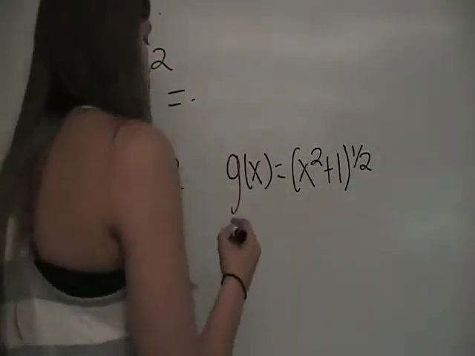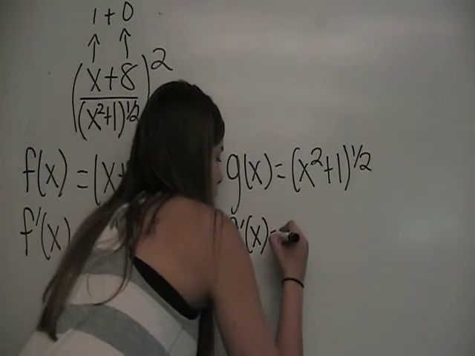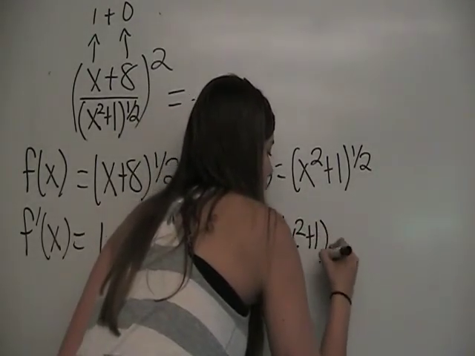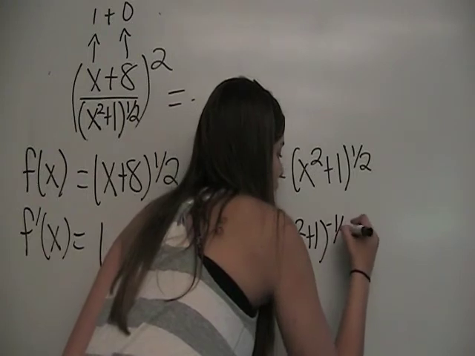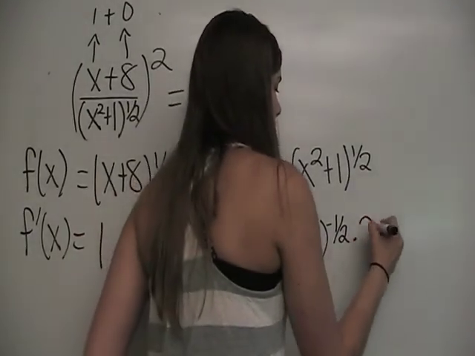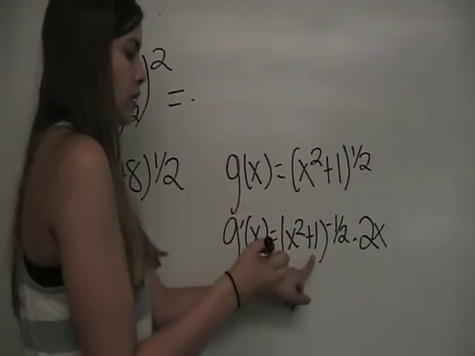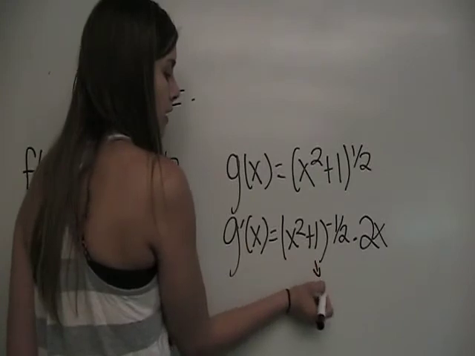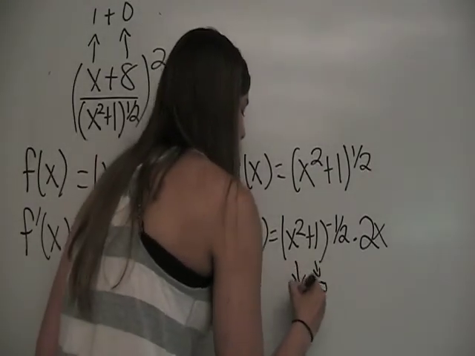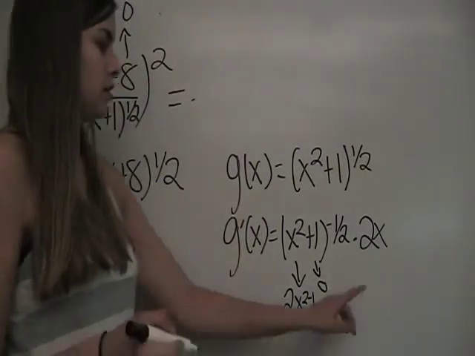If we were to find the derivative of g of x, it's going to equal x squared plus 1, but to the negative 1/2. And we're actually going to pull out a 2x as well. And the reason for that, with the power rule in mind, this 1 is actually a 0, and this x squared is 2x, 2 minus 1, also known as 2x.